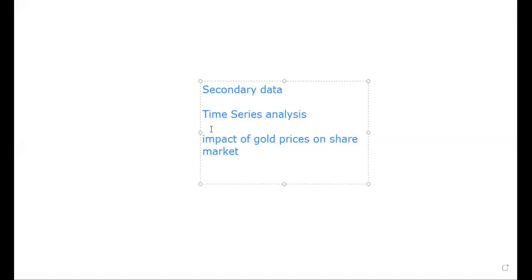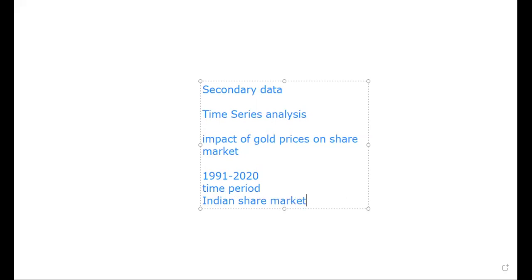For this purpose, I want to study data from 1991 to 2020. That means I am involving a few years here. It is related with time. From 91 to 2020, I am considering a time period. Time period is involved in time series. You have many years. And also you want to study the Indian share market. When two variables are involved in an analysis with a time period, it is time series analysis.